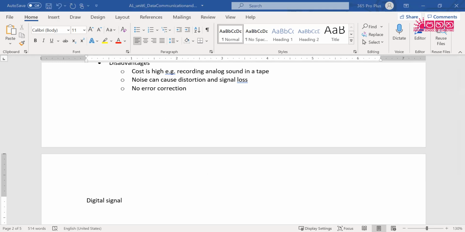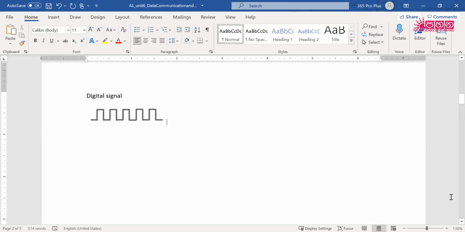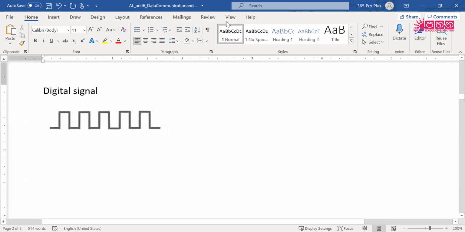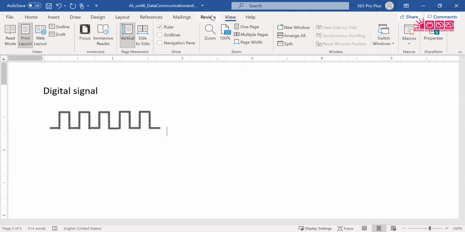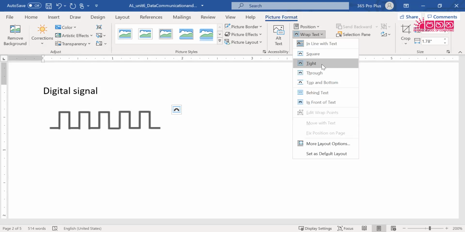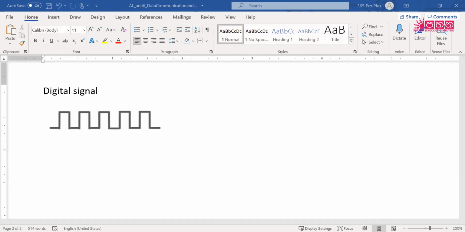So in digital signals you have only two levels. When the voltage level changes in this pattern, we call it a digital signal, between two values.